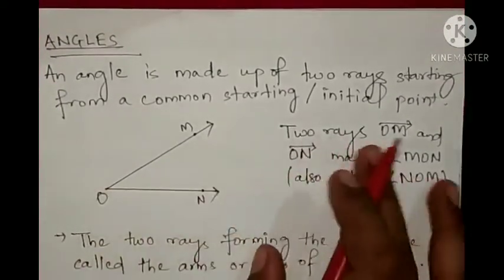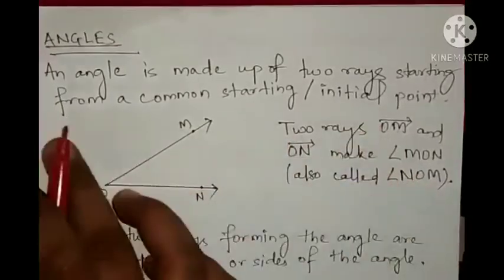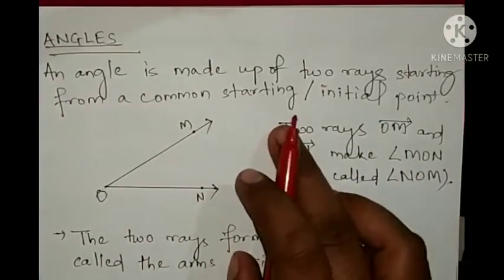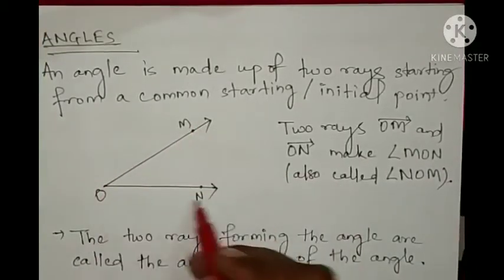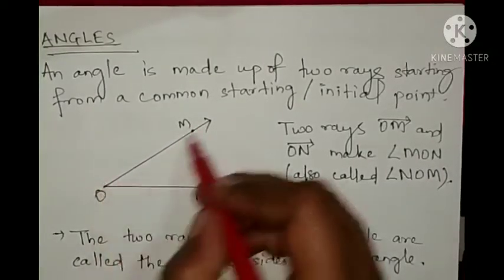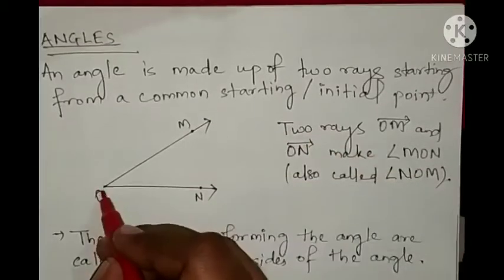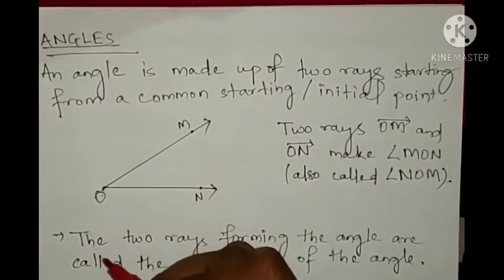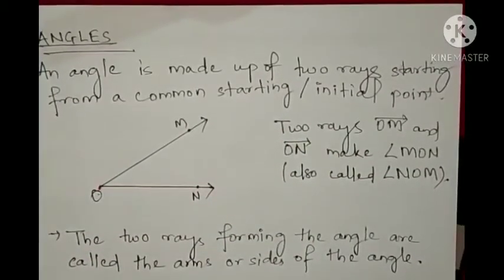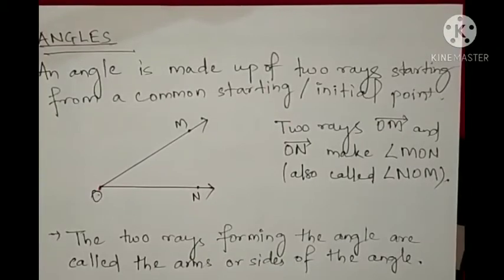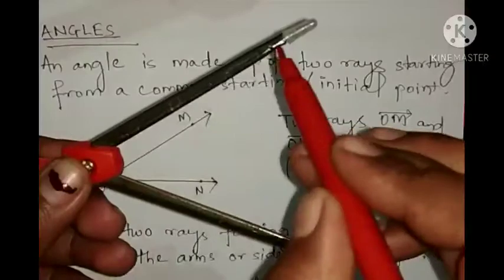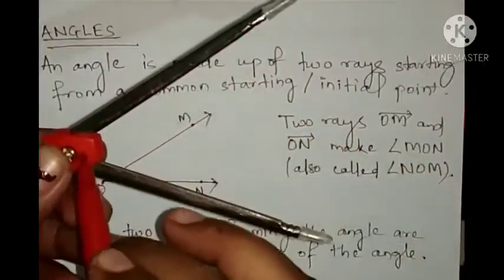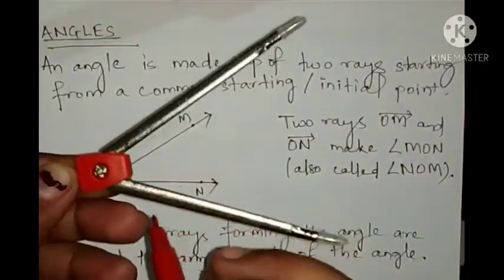An angle is made up of two rays starting from a common starting or initial point. Look here, an angle is made of two rays. Here two rays are there, OM and ON, starting from a common point. This is your angle. For example, this divider is making an angle here.